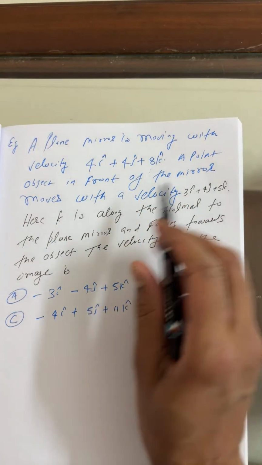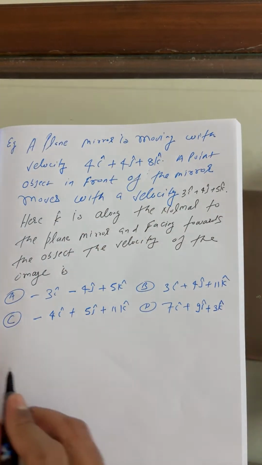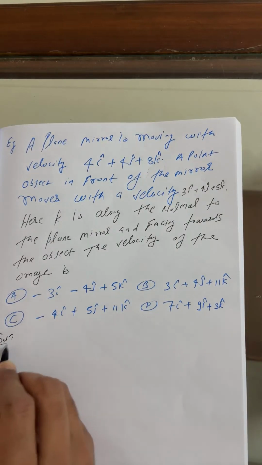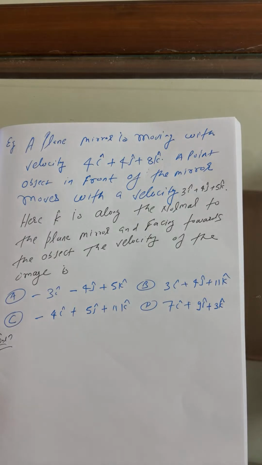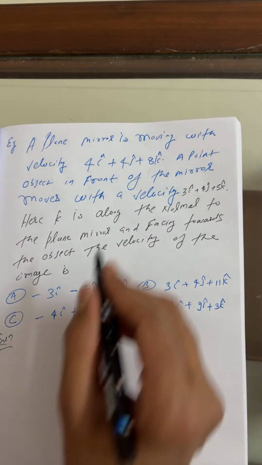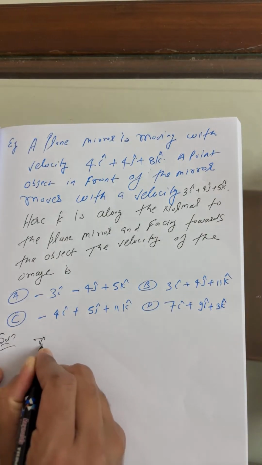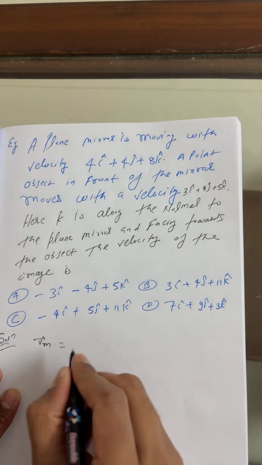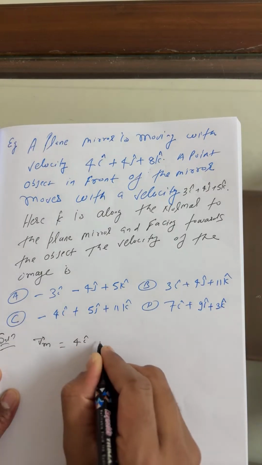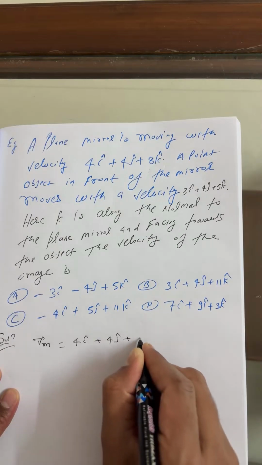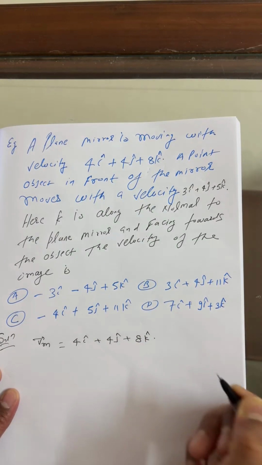So the plane mirror is moving with the velocity mentioned. Have a look at the solution of this question. As we can see, the plane mirror: you can write the velocity of mirror is 4 i cap plus 4 j cap plus 8 k cap.